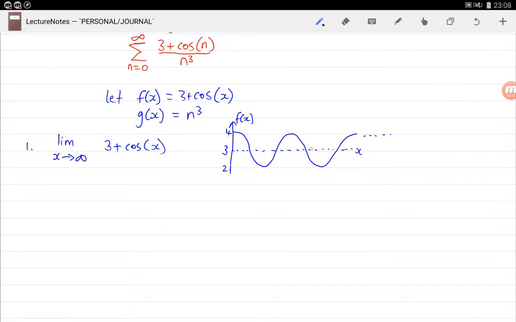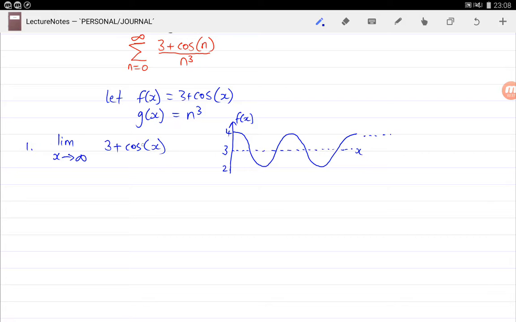So we want to assess the limit here. We're not going to use too much math, we're just going to make a sort of approximation. We know our function at best can be 4, and the lowest can be 3.